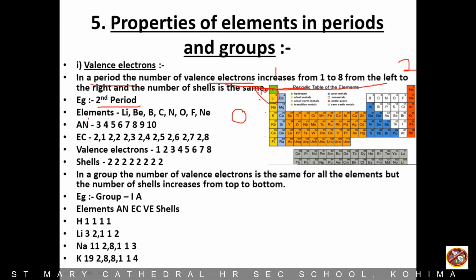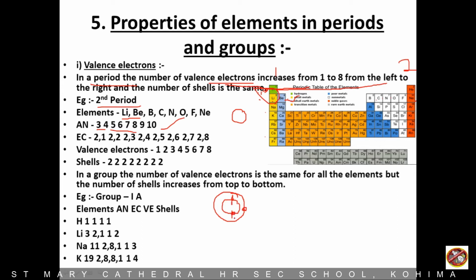Take the second period. You have your lithium, beryllium till neon, right? If you arrange them properly, you will see 3, 4, 5, 6, 7, 8 till 10. In your second period we said that they will have 2 orbit shells, right?